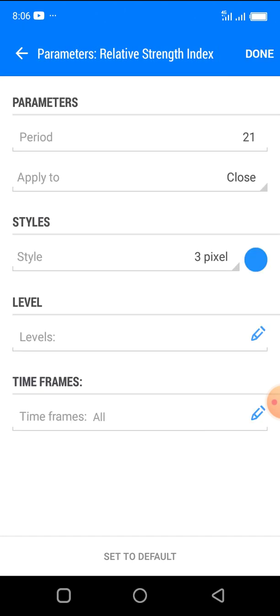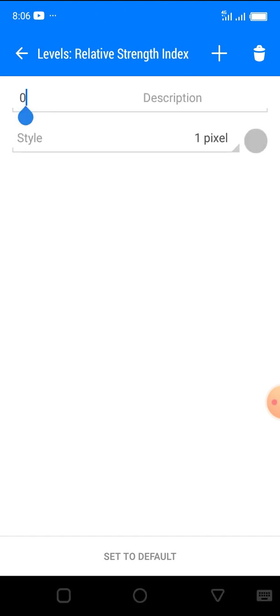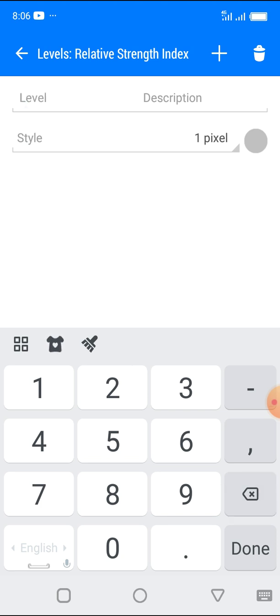I go back. Now, this is my RSI page again. You select 21 period, apply to close, then whatever pixel you want to choose. I prefer 3 pixel. Now, levels. This is how to add your levels. Your first one will be 30.